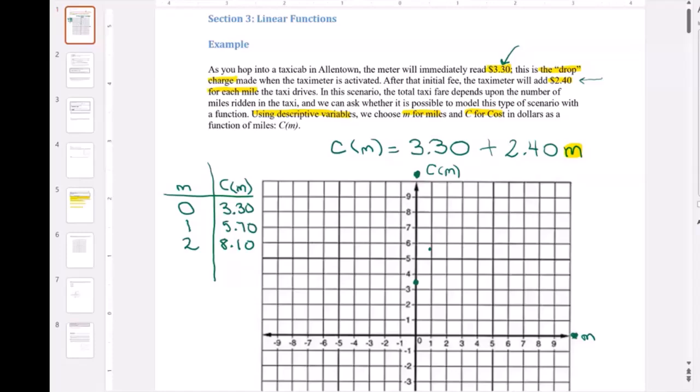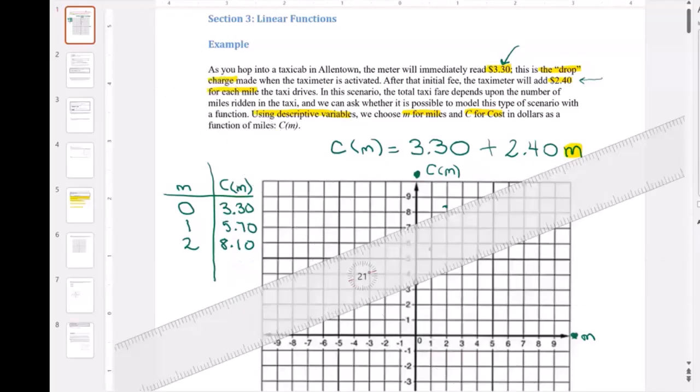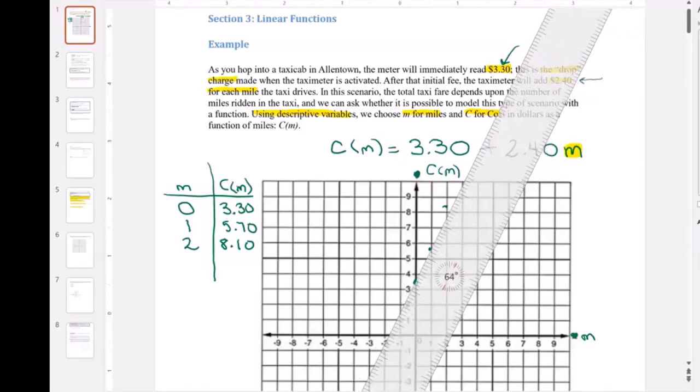So let's see where that comes up. 2 miles, here's 8, and let's make this the 10 cents. And if I got it anywhere close, I should be able to make a straight line through those points.